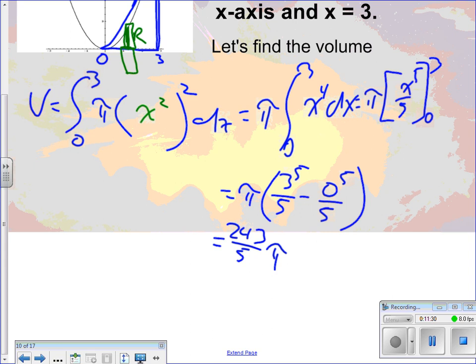If you're finding a volume of rotation, pi is a necessary constant to have. You get a point for having 0, 3, and pi. You don't have the pi, you don't get that point. You don't have 0 and 3, you don't get that point. You get 1 point for that. 2 points for this, most likely. And rarely is it this sweet and easy.